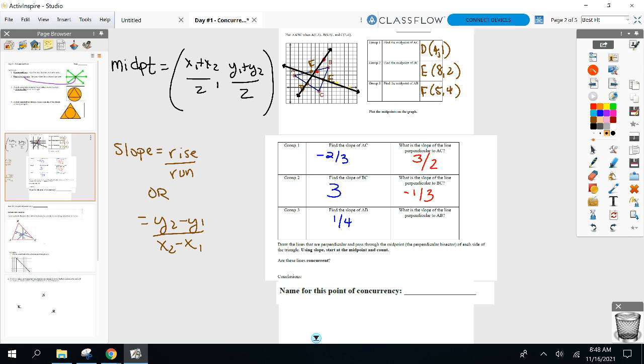Everyone ready for their third and final perpendicular bisector? All right, group 3, your slope at AB was 1/4. What's the slope of my perpendicular bisector I'm about to graph? Negative 4. Good. Let's go to point F. Where do you want to go?